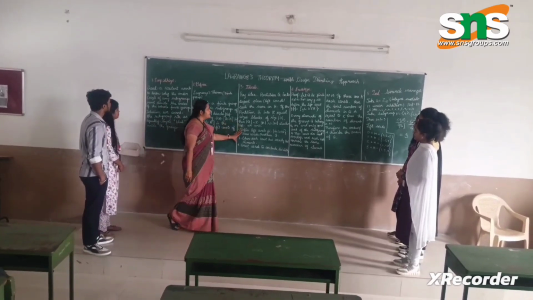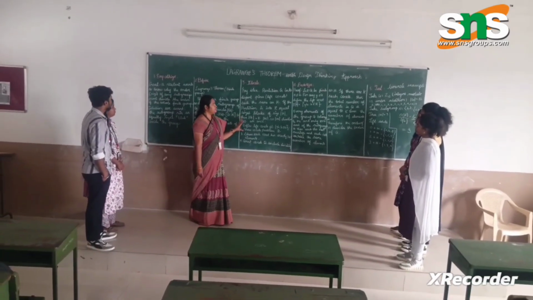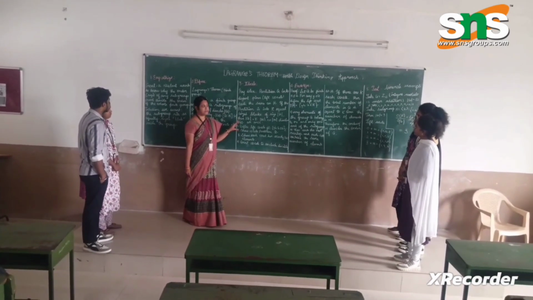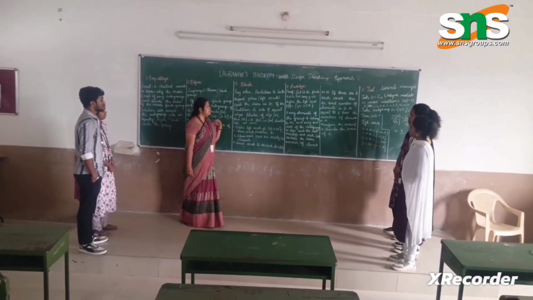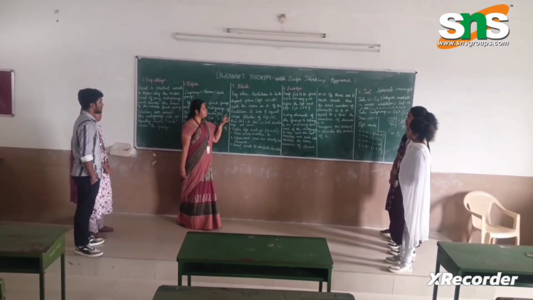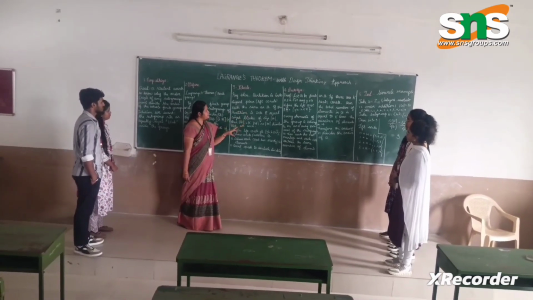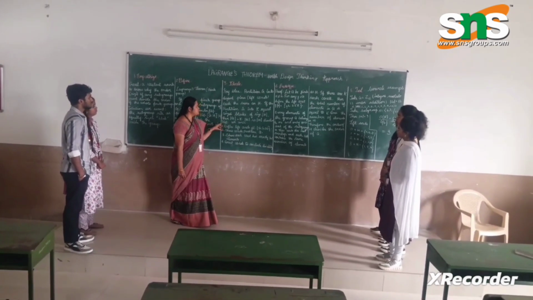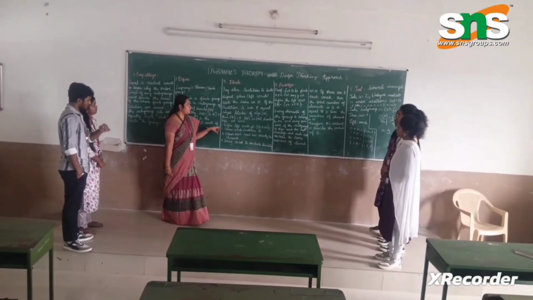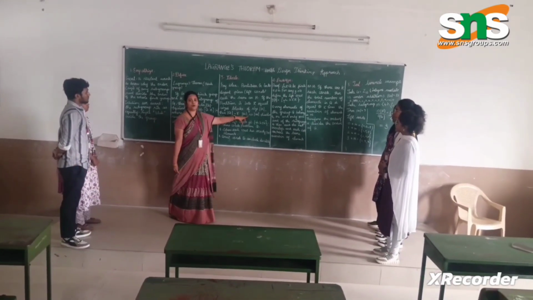Finally, the ideate part is proving this theorem using the coset method. That is, we partition the group G into disjoint pieces, that is left cosets or right cosets, each of the same size, and the partition is into k equal size blocks of size order of H. Then order of G is k times order of H.